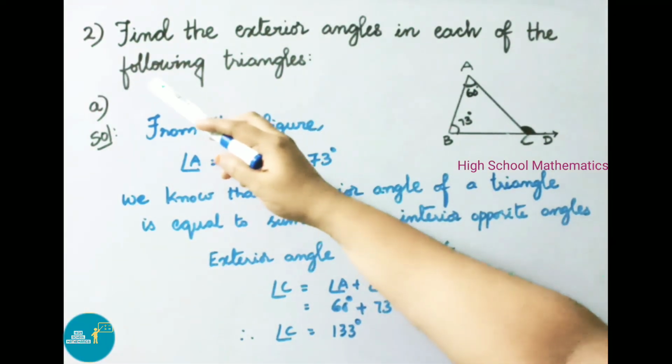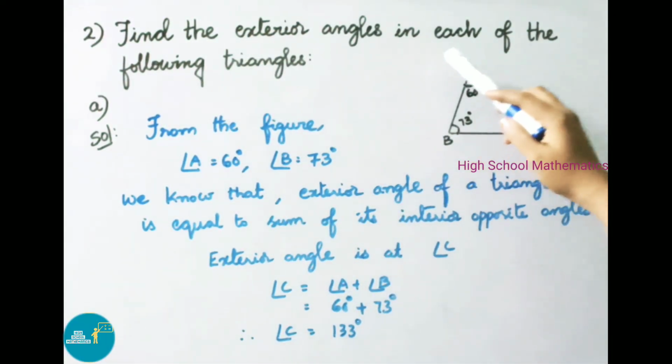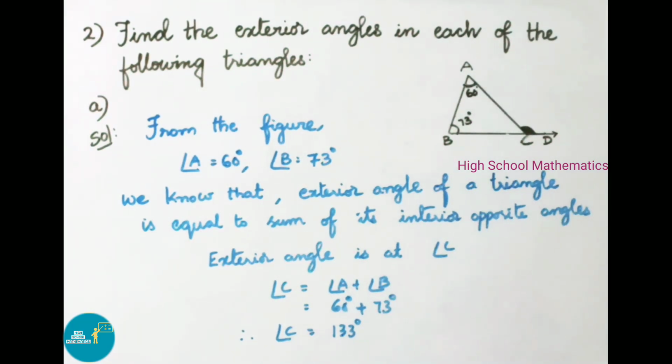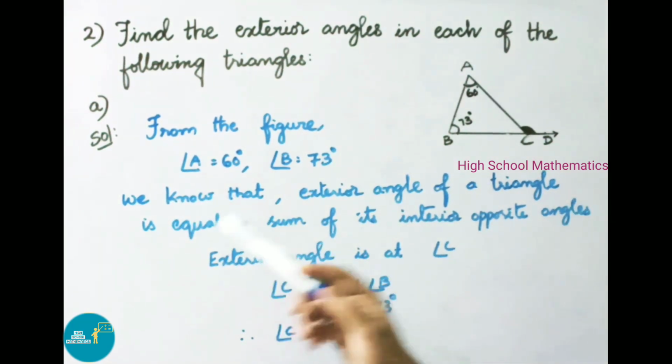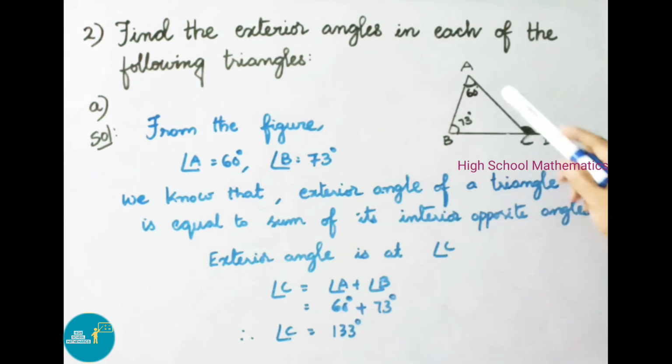See now question number 2. Find the exterior angles in each of the following triangles. See now question number A. From the figure, angle A is equal to 60 degrees, angle B equals 73 degrees. Here the exterior angle is at angle C. We know that the exterior angle of a triangle is equal to the sum of its interior opposite angles.